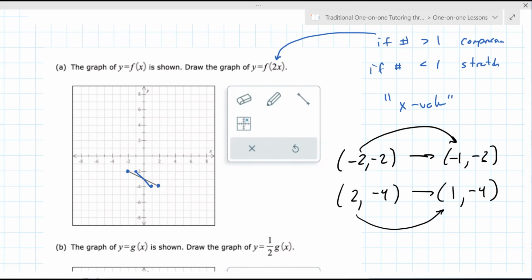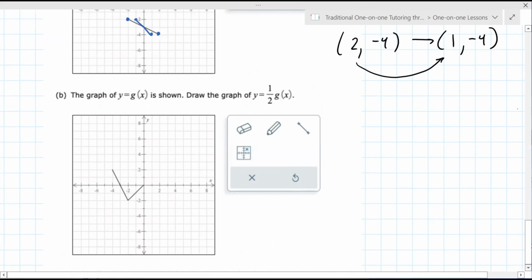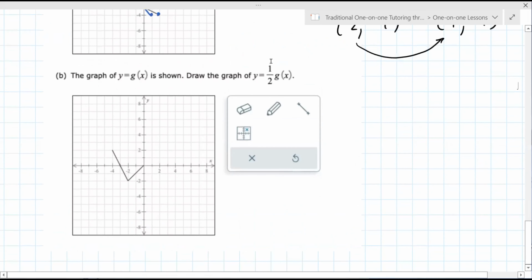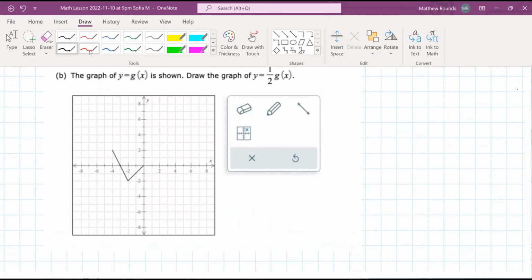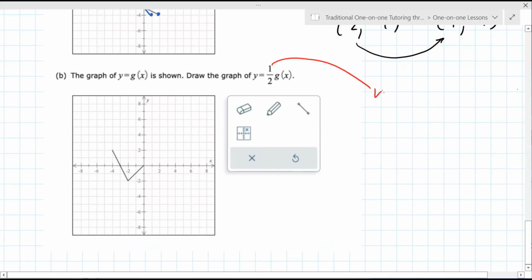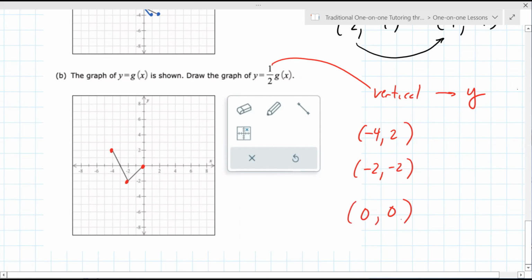Okay, we can do the next one. All right, so the next one is you look at where the number is, and this time it's on the outside of the function. So that means it's a vertical, which means it affects the y value. So if we write the three coordinates, -4, 2, and then -2, -2, and then 0, 0. 0, 0 is not affected.